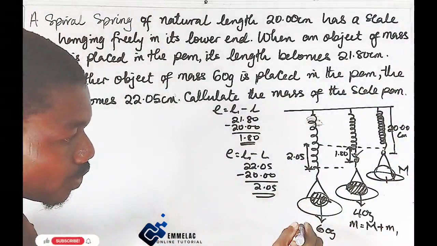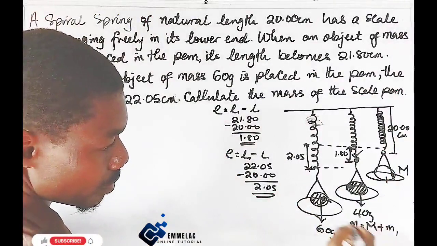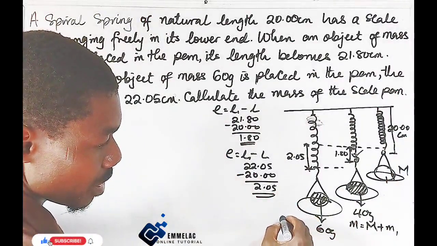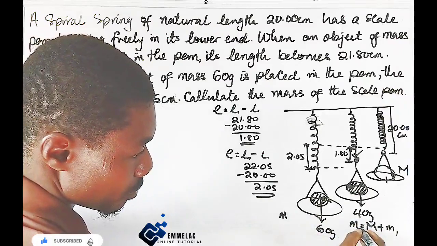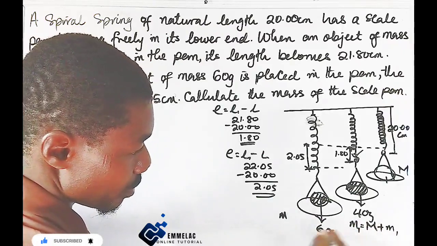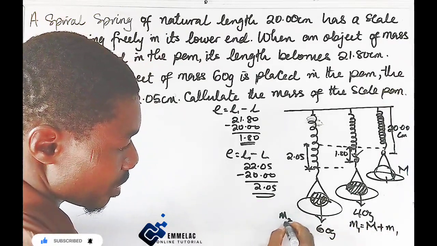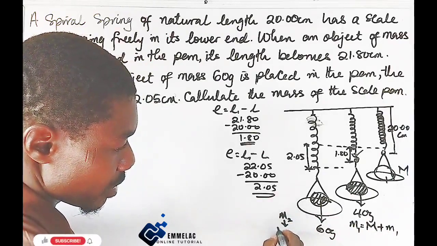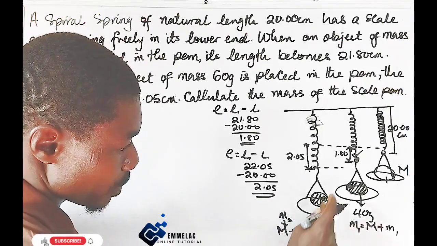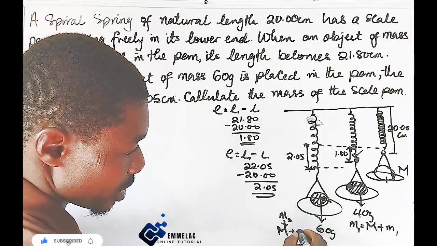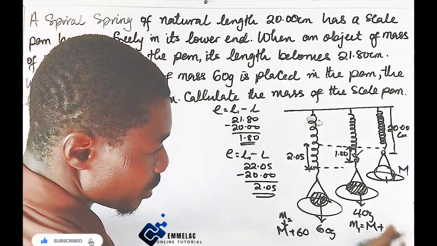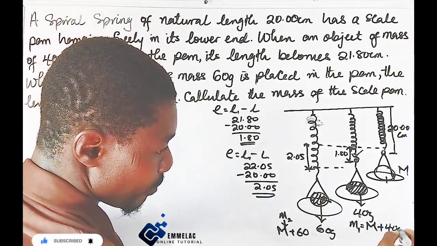Now let's say this is M1 and this is M2, which will give us the mass of the pan plus this other mass here. This is 40 for M1, and this one is 60 for M2.